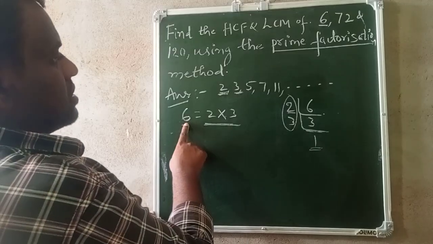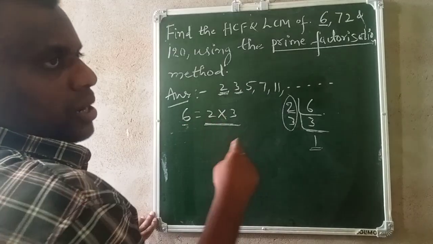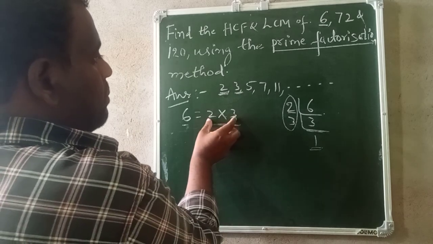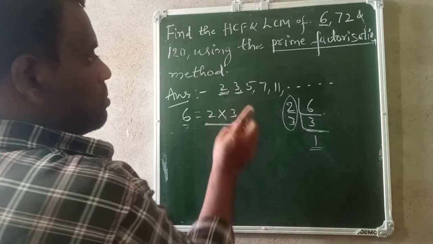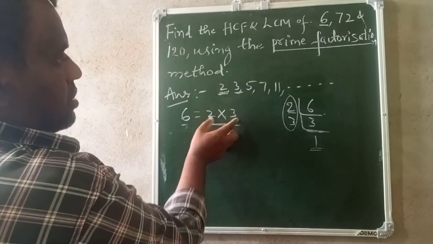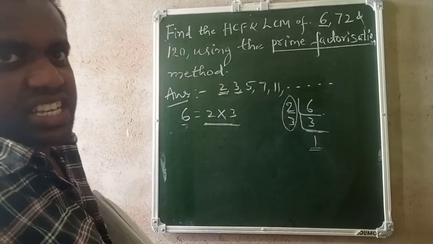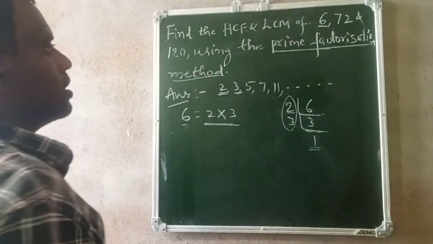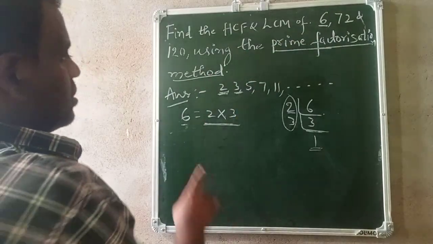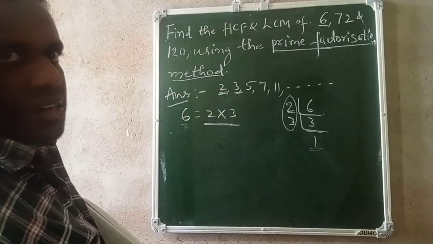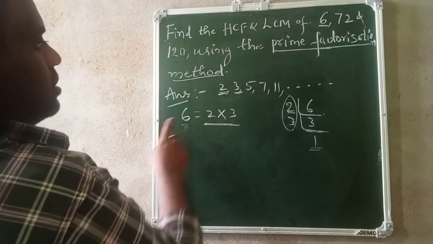We have written 6 as the product, or multiplication, both are same, of two prime numbers. 2 is a prime number, 3 is a prime number. So these are the prime factors and this is called prime factorization. Prime factorization means writing the number as a product of prime numbers. So we are done with this.